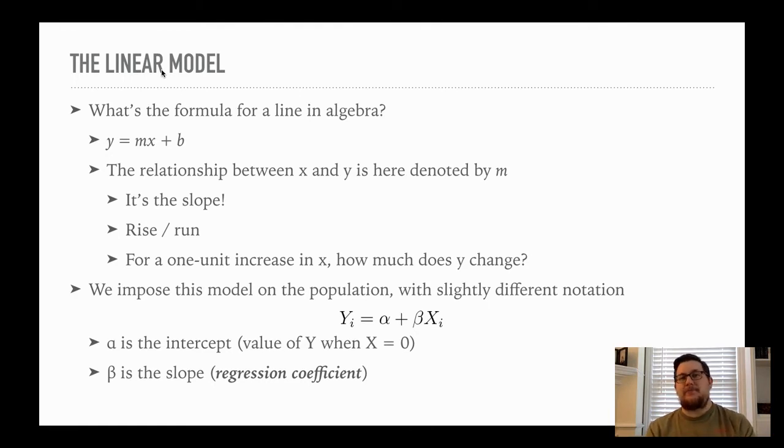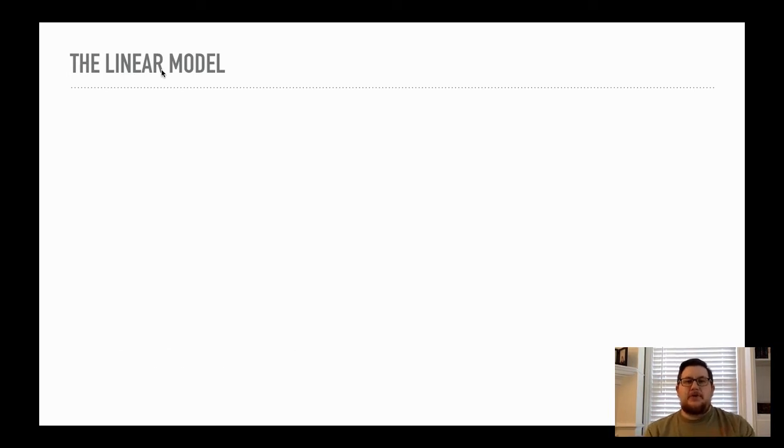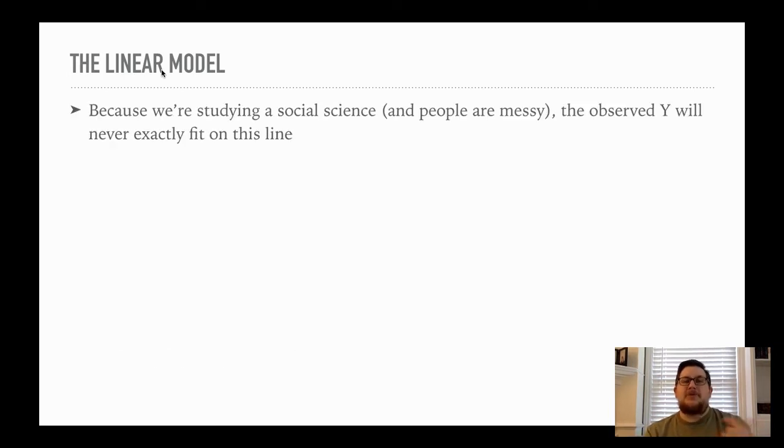that represents the relationship between that x and that y. Okay? So, diving in a little bit further, now, because we're studying a social science, which deals with people, and people are messy, there's rarely going to be an observed y that falls exactly on our predicted line. Right? Think back to that scatter plot we just did.